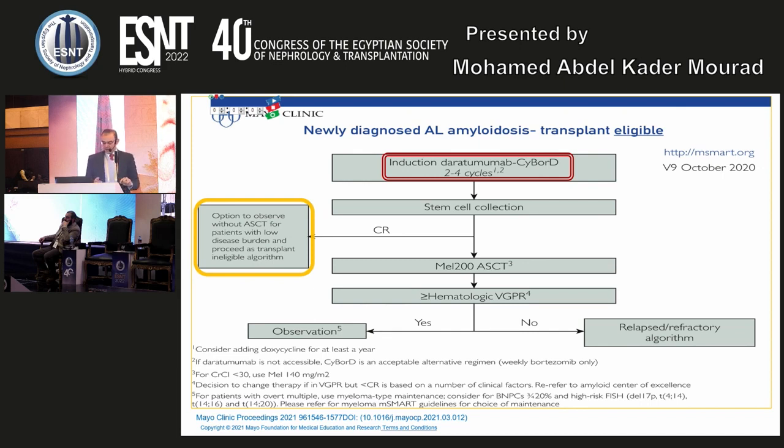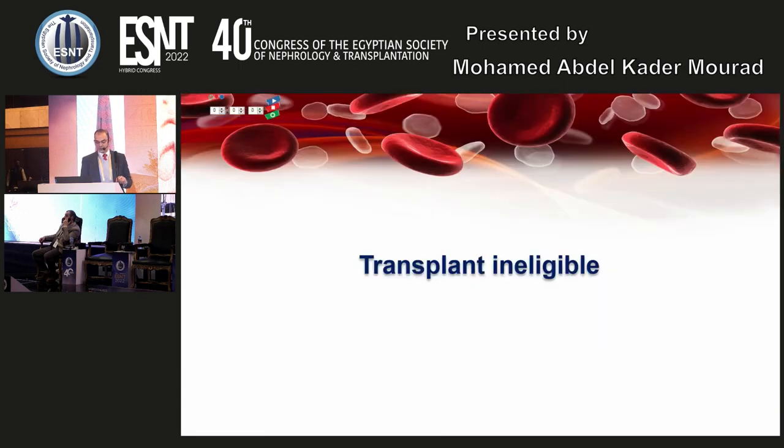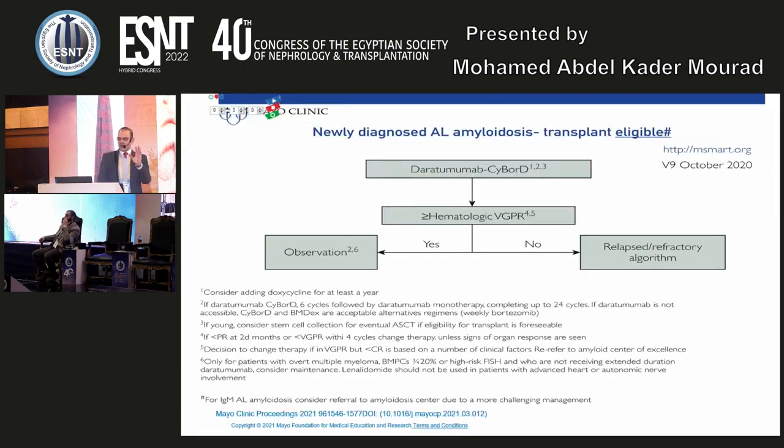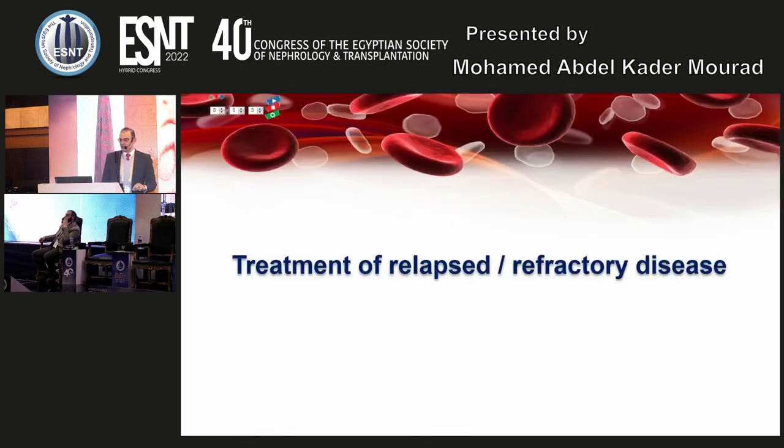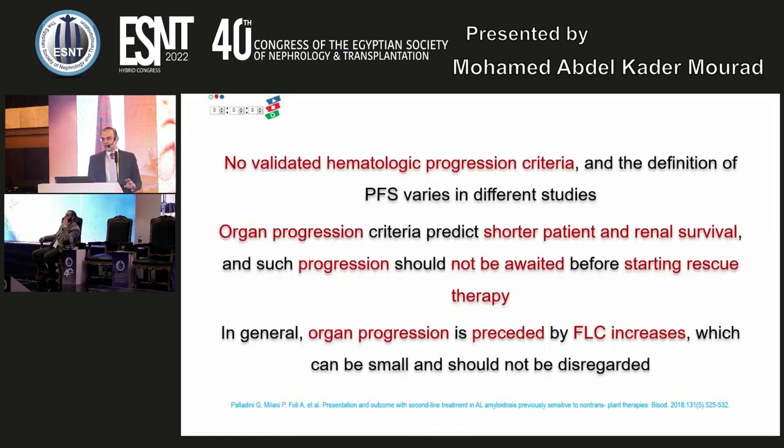If we are transplanting those patients, we will reassess after 100 days to see if he is in complete remission, or we will shift to the relapsed refractory pathway. What about the transplant ineligible? We can use DARA-CyBorD and reassess. If very good partial response or more, we will observe. If not, we will go for relapsed refractory. What about the treatment of relapsed refractory?